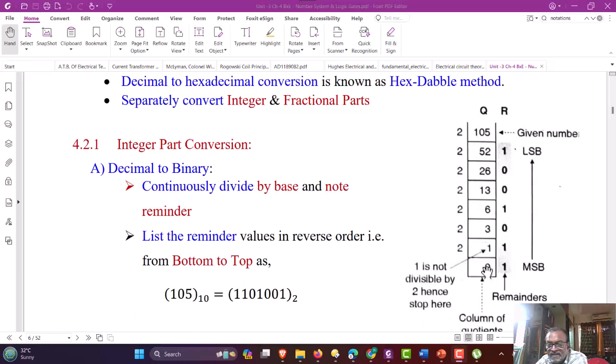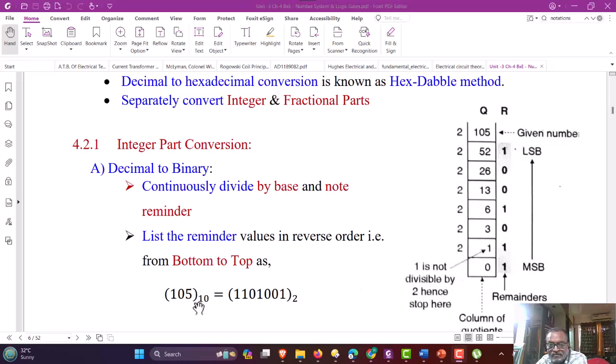Once the division is complete, go on writing the binary remainders from bottom to top, where the bottom remainder is the MSB and the top remainder is the LSB.